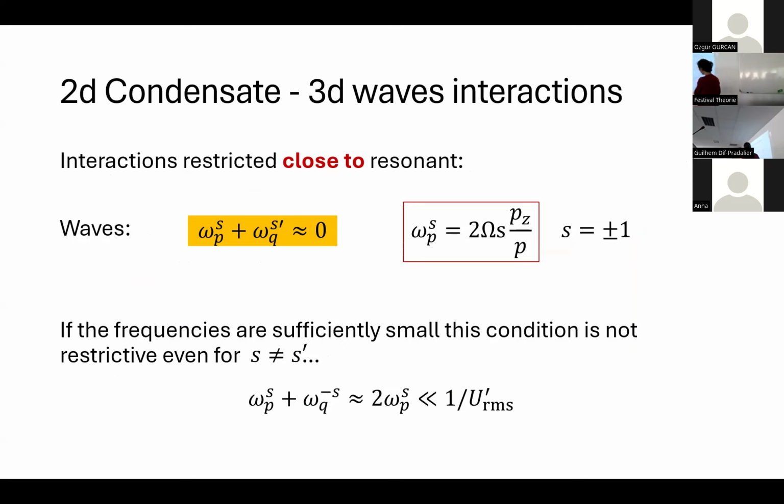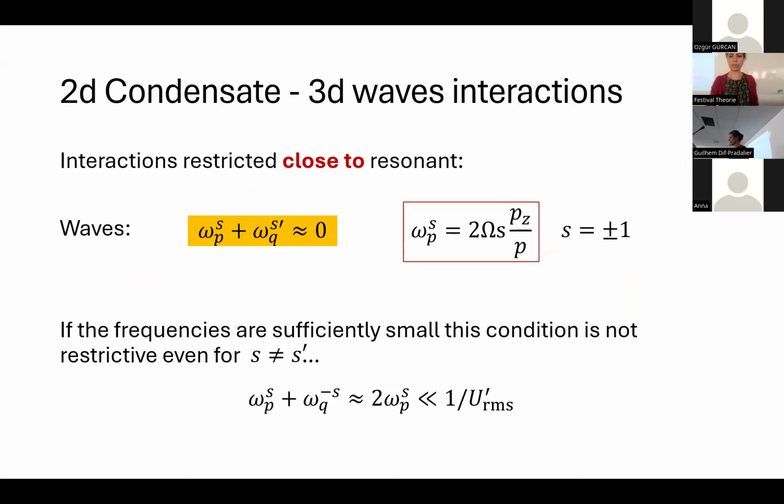Before I told you that waves with different velocities cannot be resonant. But that's not quite true. The condition for them to be resonant is that twice the frequency has to be much smaller than 1 over u prime.